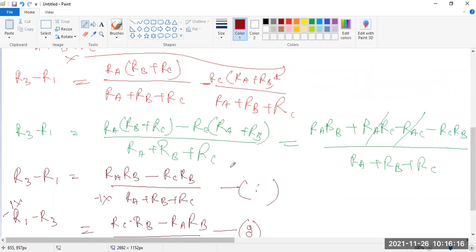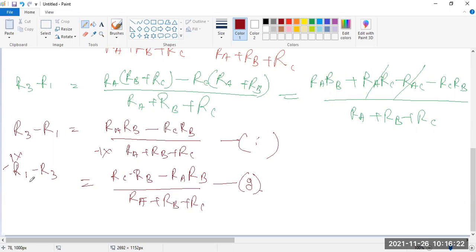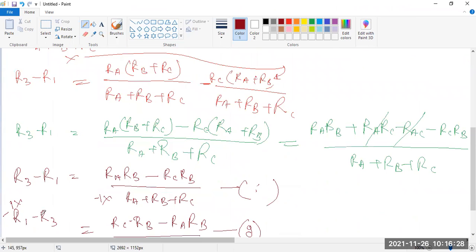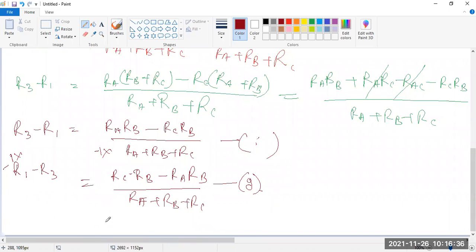So you can find in previous cases we got R1 plus R3, and here we have got R1 minus R3. So here the R1 plus R3 and R1 minus R3. If I sum it, then R3 and minus R3 will be nullified. So if we go for the B and G, the sum of B and G, what will you get?